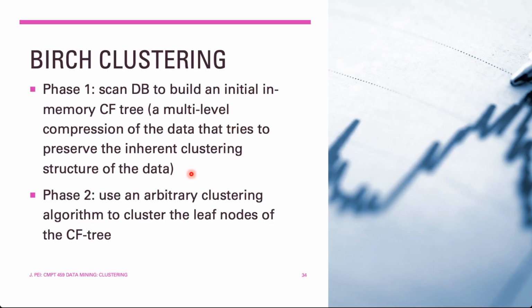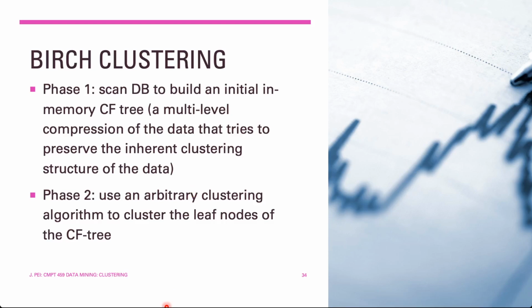The BIRCH clustering algorithm works in the following steps. In the first phase, we scan the database once to build an initial in-memory clustering feature tree. This tree is a multi-level compression of the data that tries to preserve the inherent clustering structure of the data. Then, in the second phase, we can use an arbitrary clustering algorithm to further cluster the leaf nodes of the CF tree.